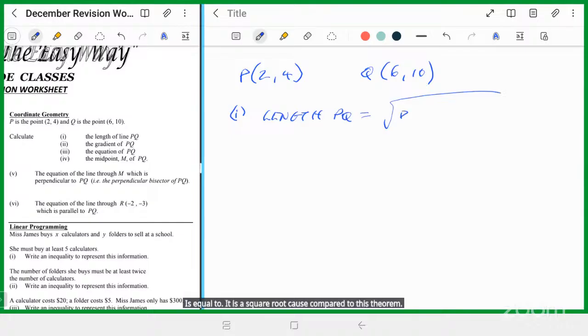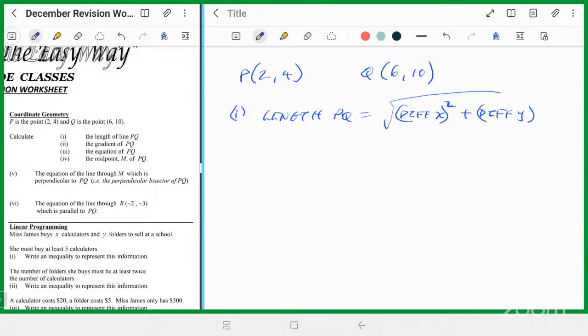It's the difference in the x values squared plus the difference in the y values squared. The length of the line formula comes from Pythagoras' theorem.